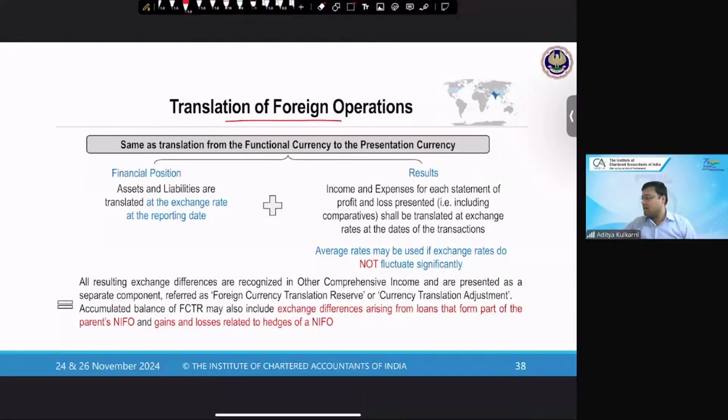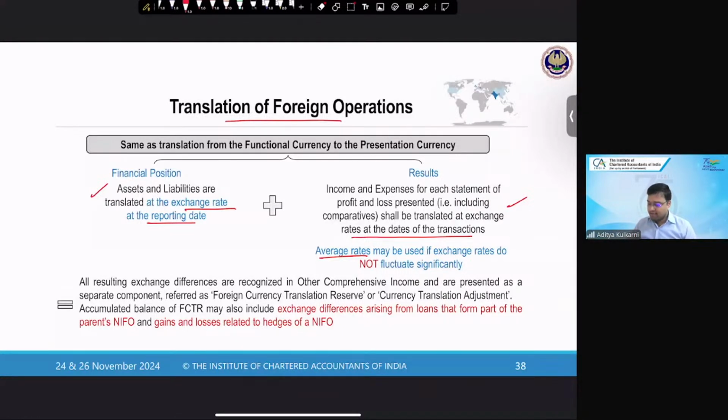Okay, so here you are having your financial position, assets and liabilities translated at the reporting date exchange rate, closing rate. Everybody agrees to this? Yes. Results, you shall either use the exchange rates at the date of transactions, or you may use average rates if they do not fluctuate significantly.